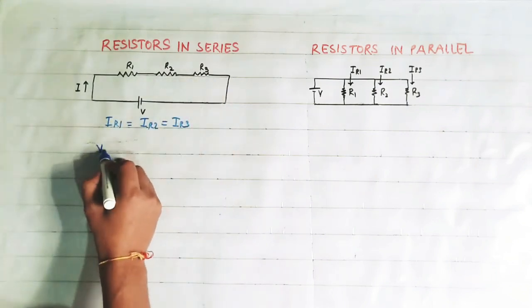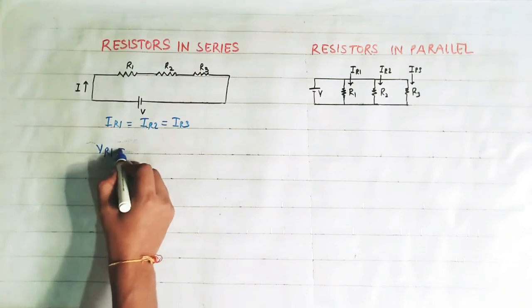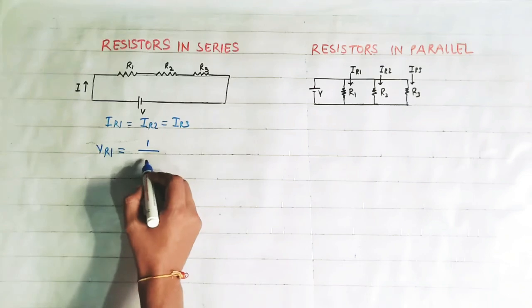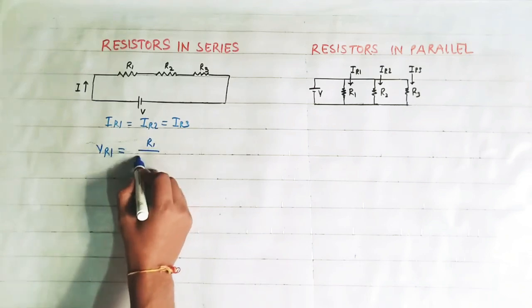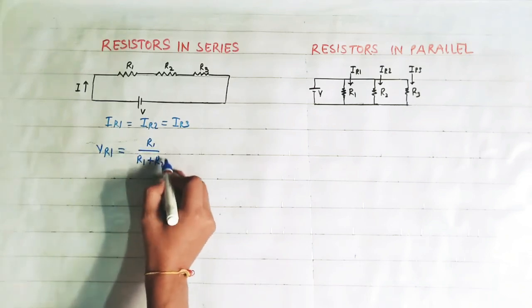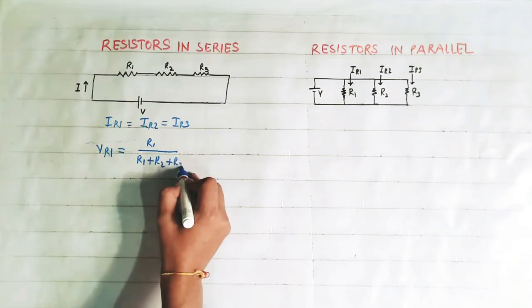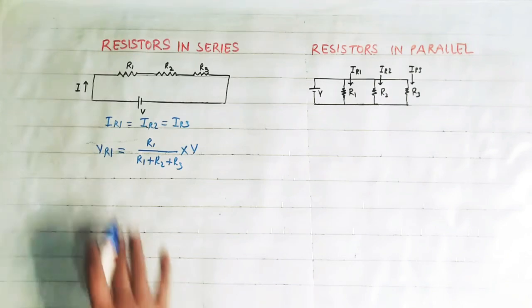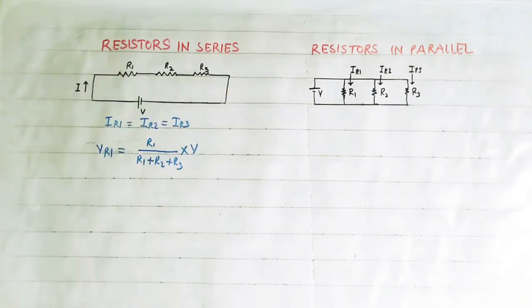If I have to find the voltage drop across resistance R1, then it is equal to R1 upon R1 plus R2 plus R3, into voltage V. It means voltage distribution across these resistors is in the ratio of their resistance.